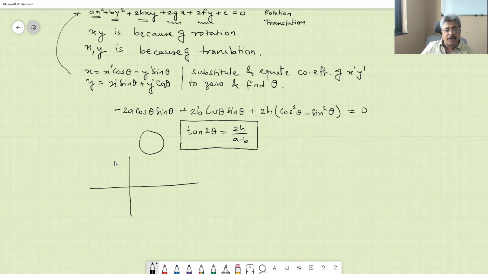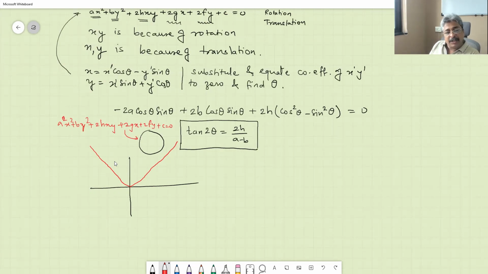If I rotate the x axis and y axis keeping the origin the same, this circle has the general equation ax square plus by square plus 2hxy plus 2gx plus 2fy plus c is equal to 0 before rotation.